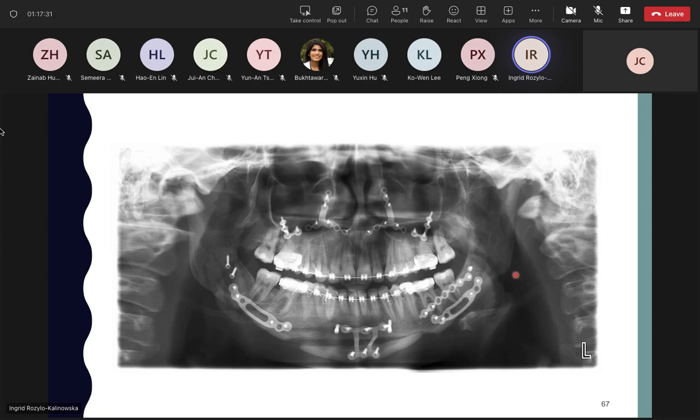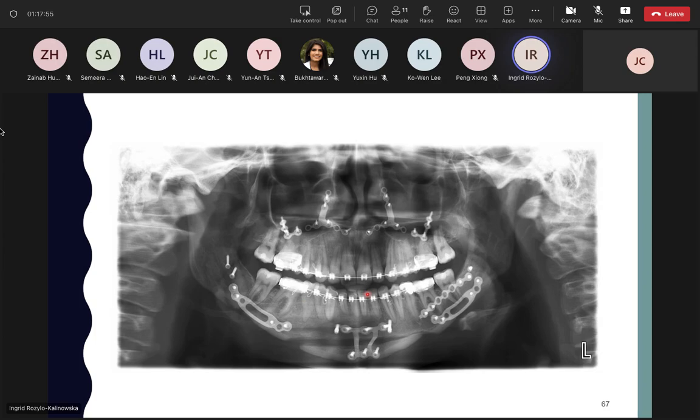So this is a patient after surgery, Le Fort 1 osteotomy in the maxilla, and sagittal split osteotomy in the mandible, and also, as you can see here, expansion of the chin, and also has upper and lower fixed orthodontic appliance.